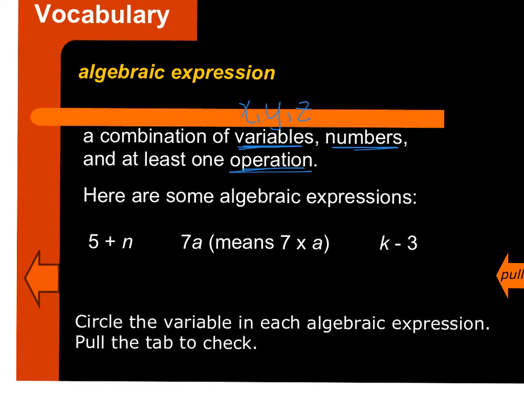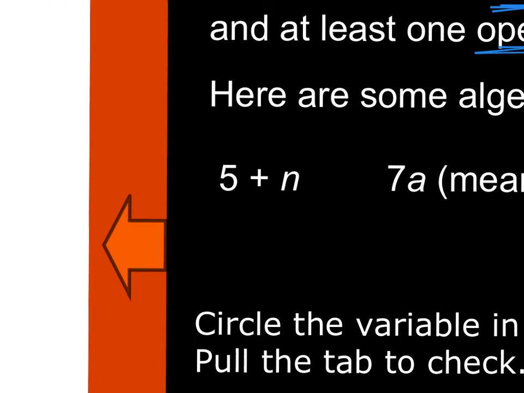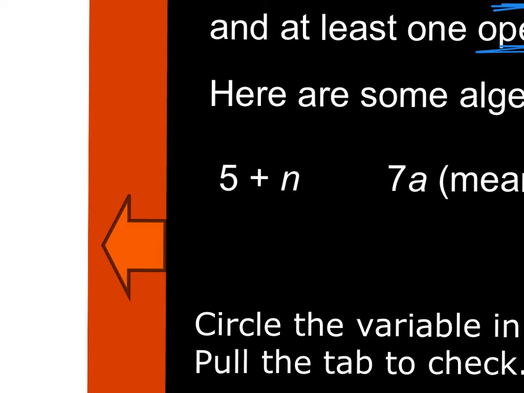Okay? So if we look at the examples, we see 5 plus n. So 5 plus n, we have a number, an operation symbol, and a variable. Okay?